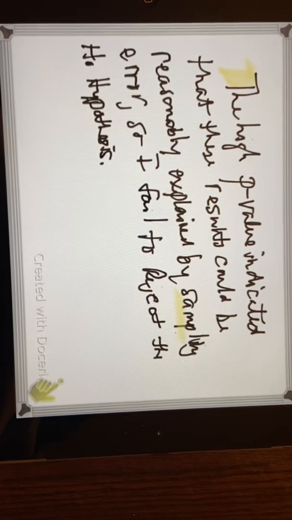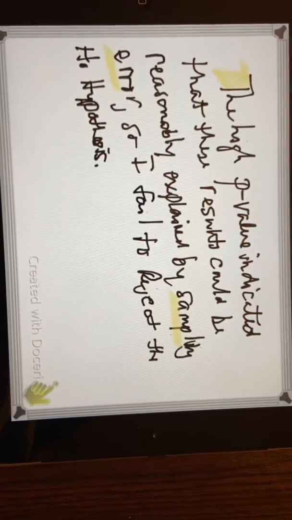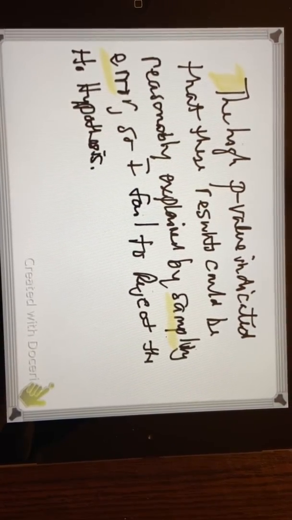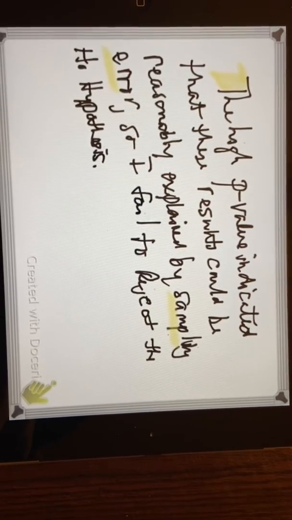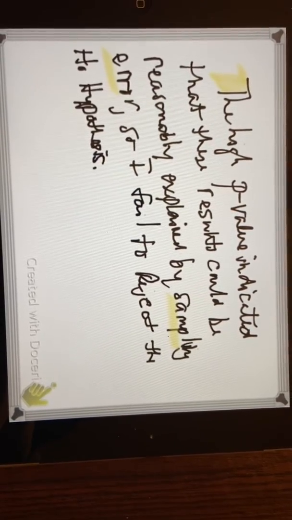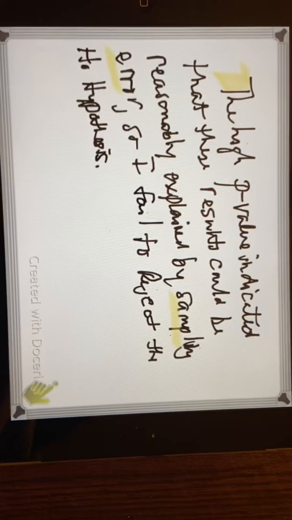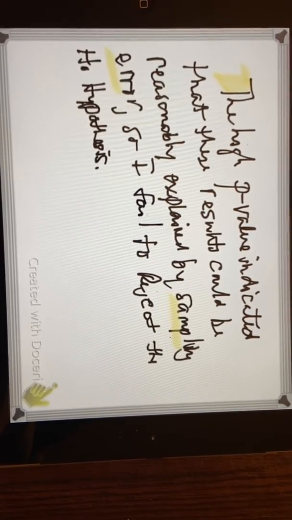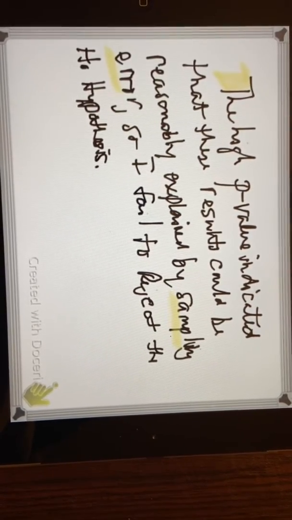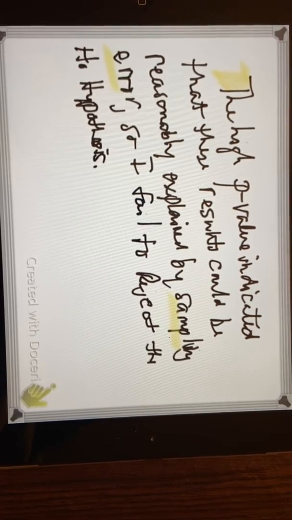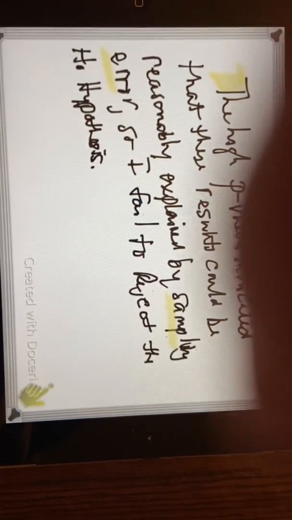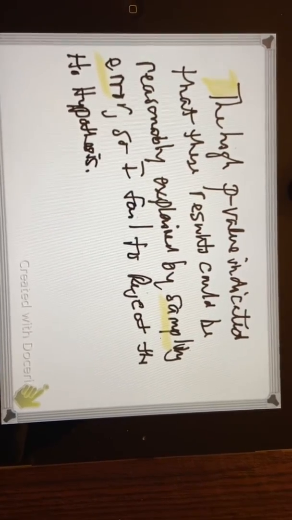We want it due to the null hypothesis not working. I know for sure, beyond a shadow of a doubt, that my experiment is more than 42%. And I have the proof to it. It's significant enough.